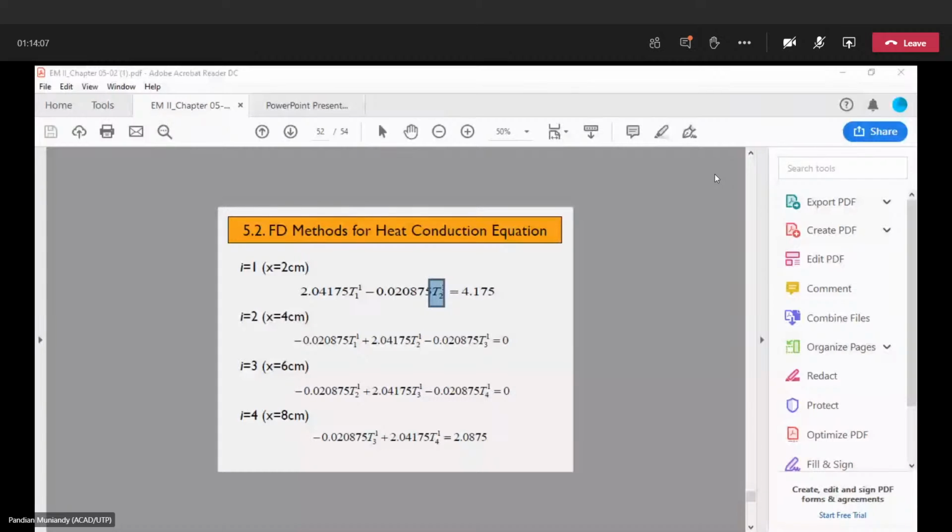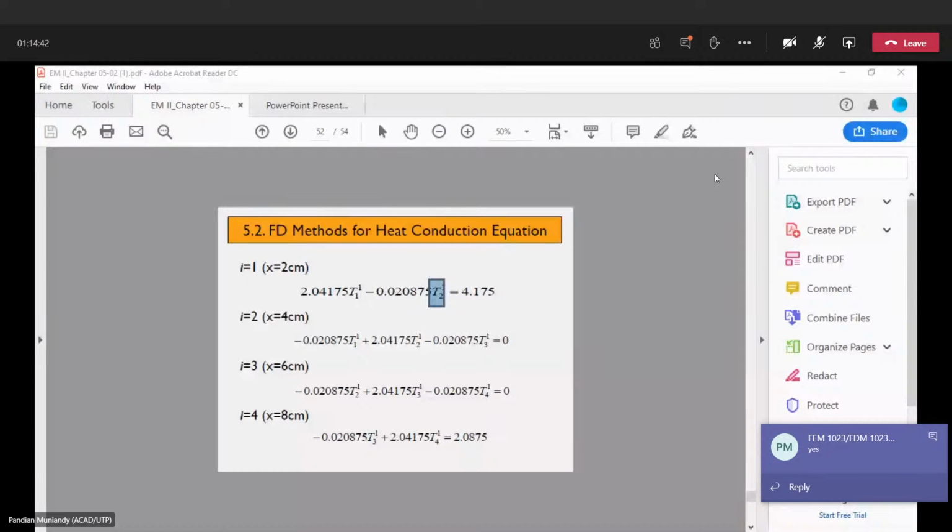T12, okay. T13, 0.020875. T14, 0.020875. T12, 0. Okay, T13, 0.0167. Yeah, T14, please correct, yeah? Calculate again, sorry.